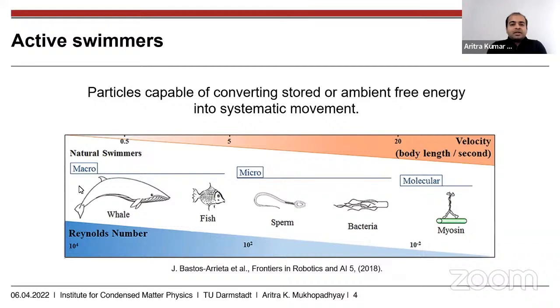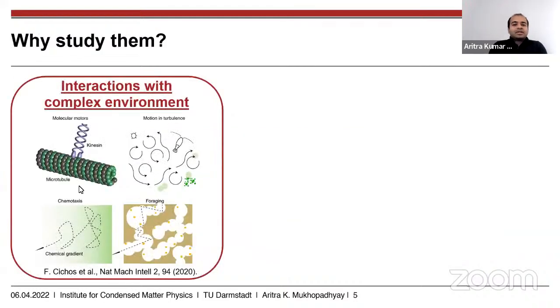So why are they so fascinating, and why do we study them? First of all, these systems can show very nice navigation properties in extremely complex environments, and these are important in order to perform many vital functions. For example, molecular motors like kinesin in the human body can use the energy derived from ATP hydrolysis to move cellular organelles or cargo.